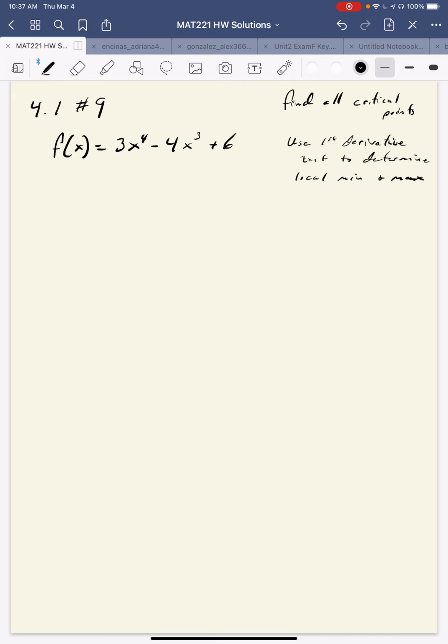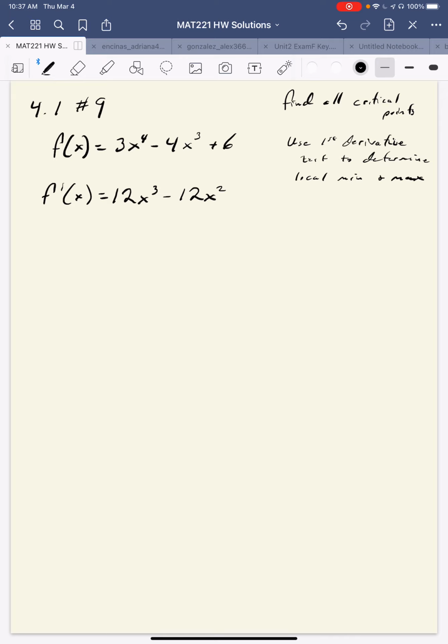So let's go ahead and do this. The first thing we're going to do is find the first derivative. When we do that, we use our power rule here: 12x cubed minus 12x squared, and then the derivative of the constant 6 is just 0, so that's done.